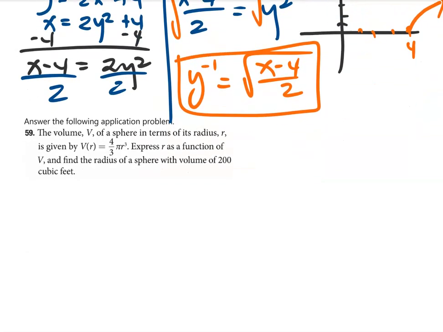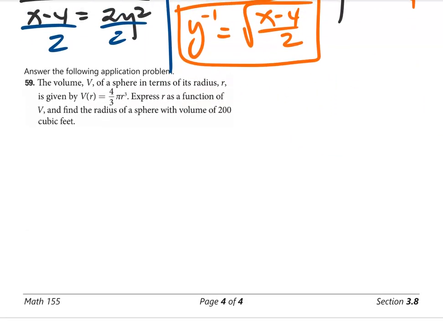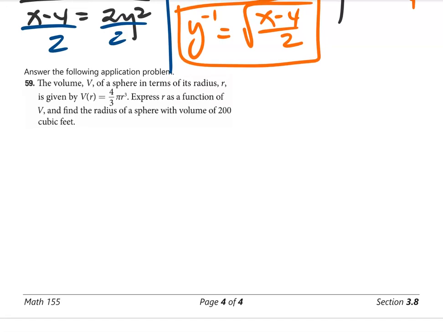Okay, all right. Next and the last problem. Answer the following application problem. The volume V of a sphere in terms of its radius is given by V of r is equal to 4/3 of pi r cubed. Express r as a function of V and find the radius of the sphere with a volume of 200 cubic feet.